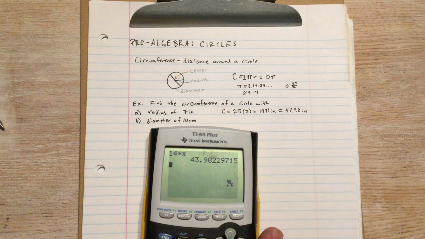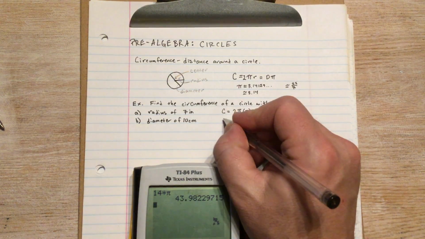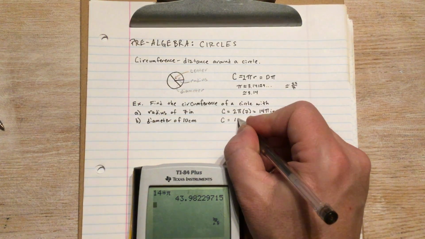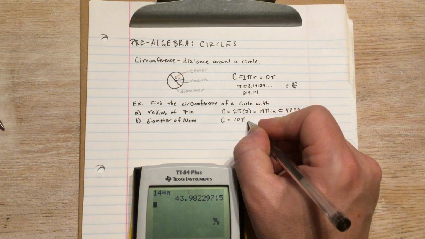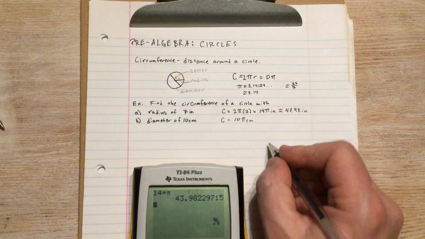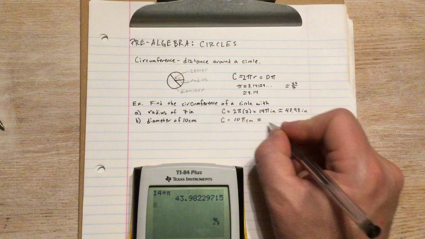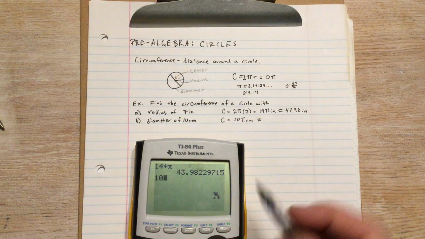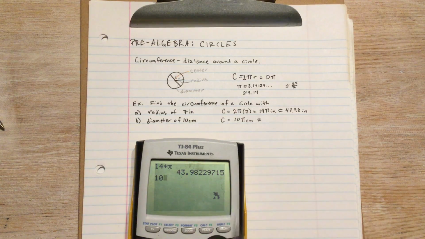Second one's going to be very similar, except now we're going to use the diameter times pi. And so we just get 10 pi, and that's centimeters, which is approximately equal to, well, we can do the same thing, but remember, it's multiplying by 10, so it should just shift it over.